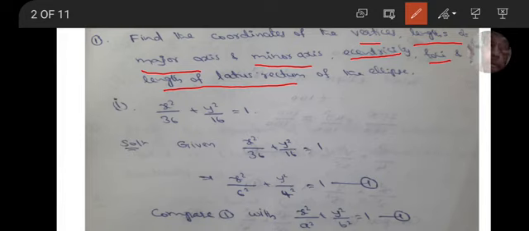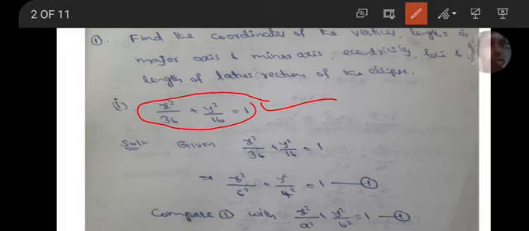These items we have to find out. Given the ellipse x square by 36 plus y square by 16 equal to 1, we have to find these values.